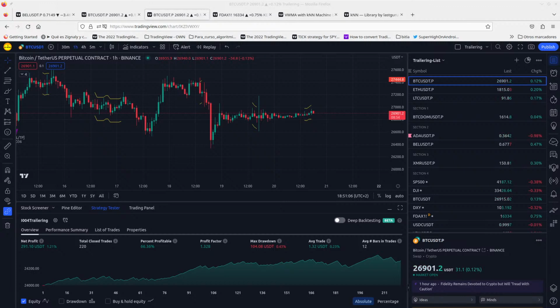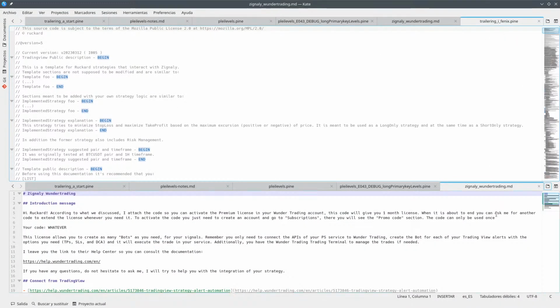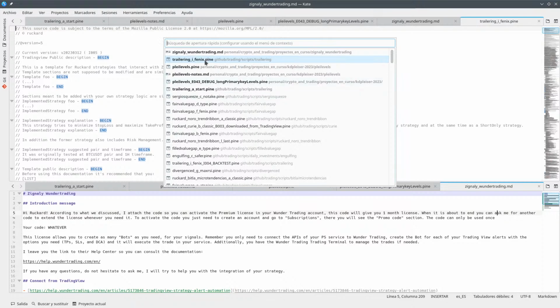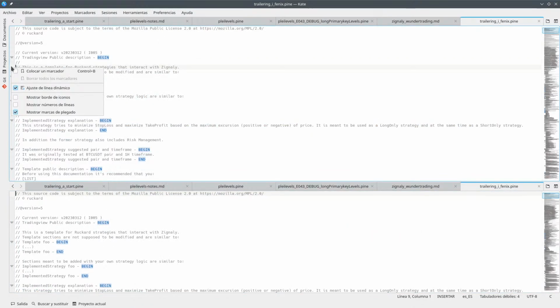Trailering, it's trailering I4, so it should be this one here. And here we should have the same one. Nice.